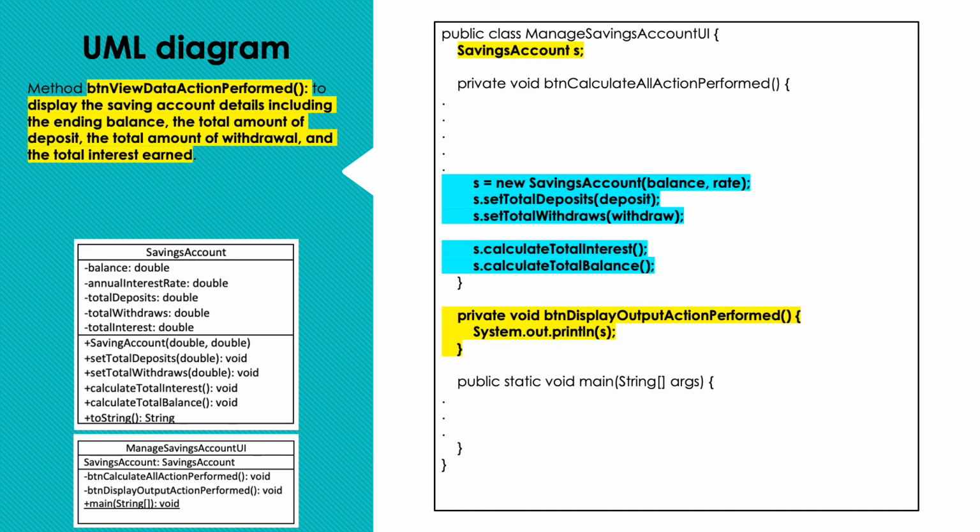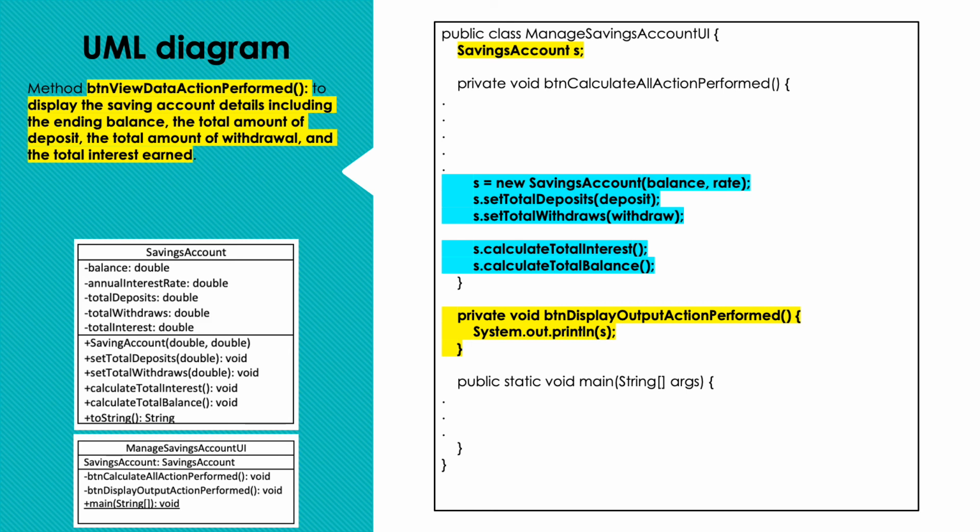The last part, which is the method buttonViewDataActionPerformed, displays the savings account details including the ending balance, the total amount of deposit, the total amount of withdrawal, and the total interest earned. In this method, it will call the toString.